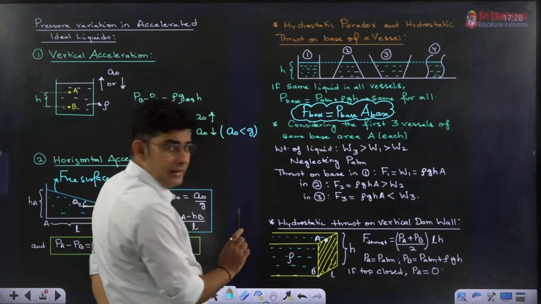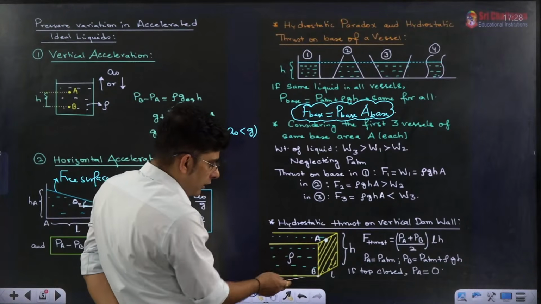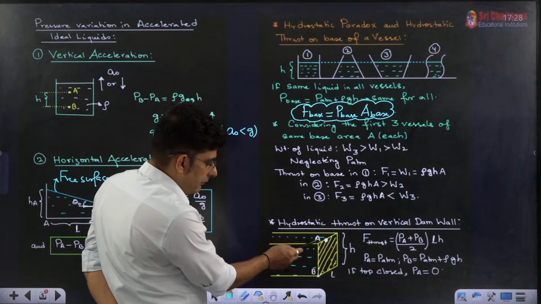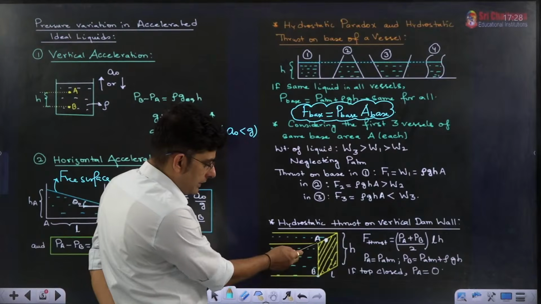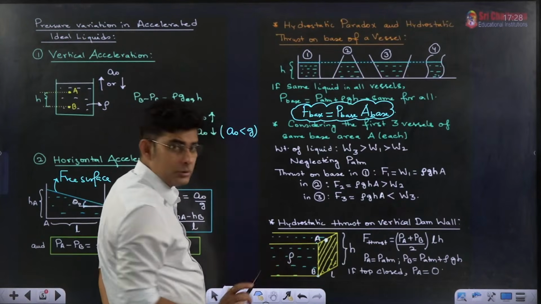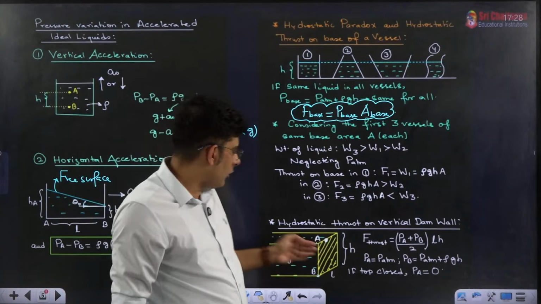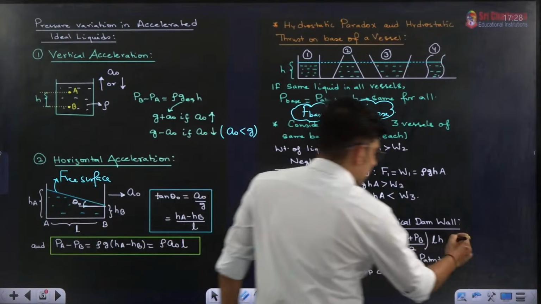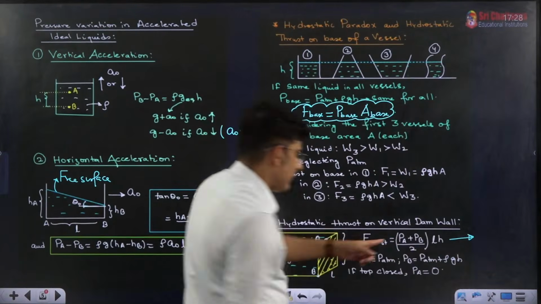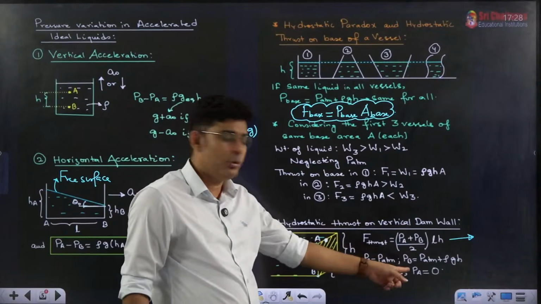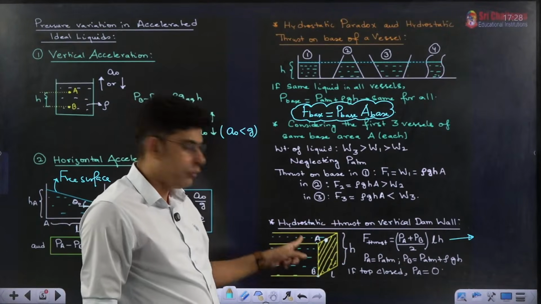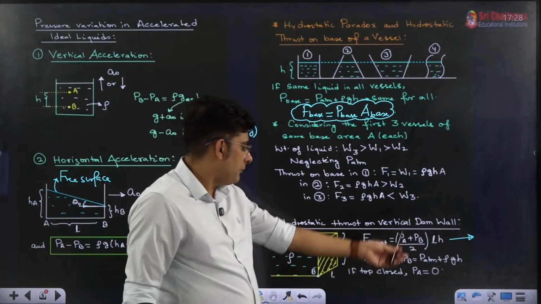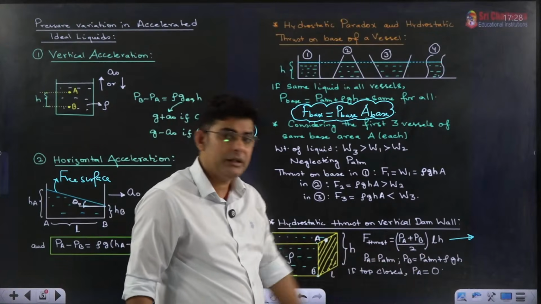Now this liquid has a density rho, this is the dam wall. At point B the pressure will become P atm plus rho gh. Now the thrust force on the wall horizontally towards the right will be average pressure, which is Pa plus Pb by 2, into the area of the dam wall, which is L into H. So Pa is P atm, Pb is P atm plus rho gh.